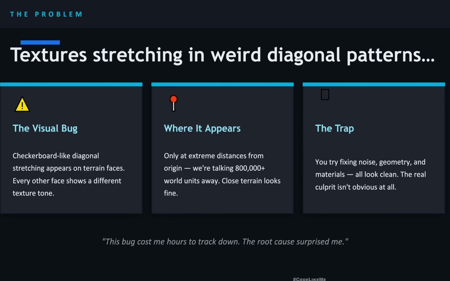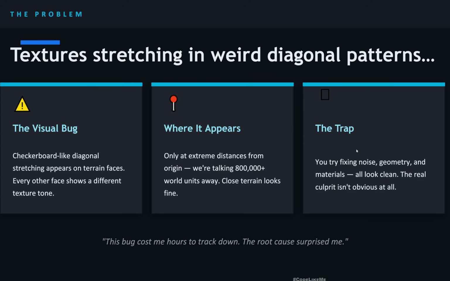This visual bug is a checkerboard-like diagonal stretching that appears on terrain faces. Depending on the location, the way it appears is somewhat different, but essentially it's stretching out the texture on the landscape material. And it only appears when we are further away from the center.